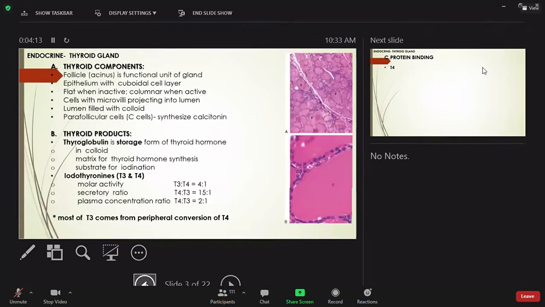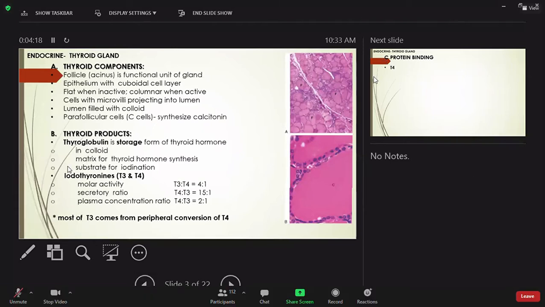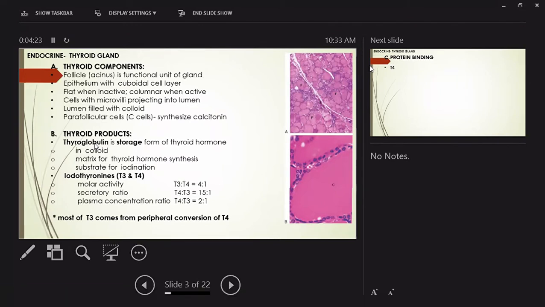So we'll go back here. These are the products, okay, of your thyroid. The thyroglobulin is the storage form of your thyroid hormone. It is found in the colloidal area. So this is the matrix for the synthesis of the hormone. And this is where iodination of tyrosine takes place. Another product of your thyroid is your iodothyronines, T3 and T4.